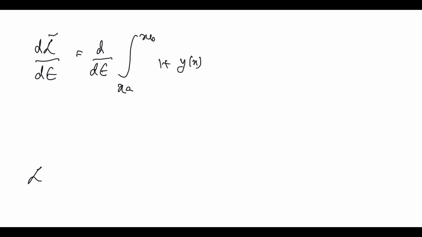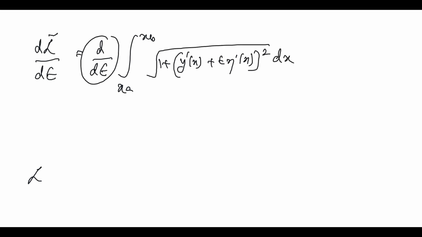So let's do that. Let us evaluate dL tilde upon d epsilon. It's nothing but d by d epsilon of the integral from xa to xb of the square root of 1 plus (y prime of x plus epsilon eta prime of x) squared dx, right? As nothing is dependent on epsilon and epsilon is a free or independent variable, I can take this inside because these limits xa and xb are independent of epsilon.